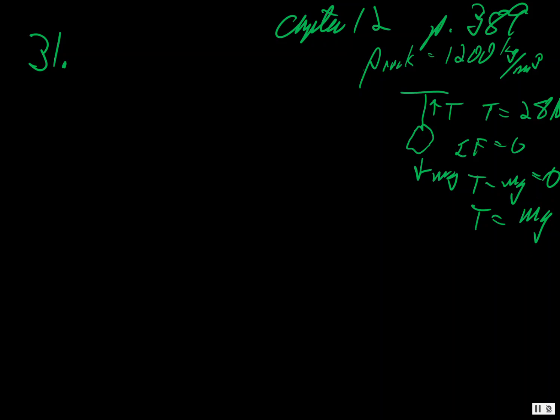Now, what is the tension in the string when the rock is totally immersed in a liquid with a density of 750 kilograms per meters cubed? So we take a container here, okay, and we drop it in here, okay, and we suspend it in a fluid.